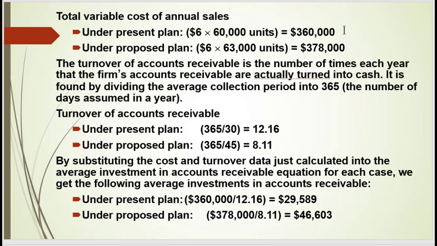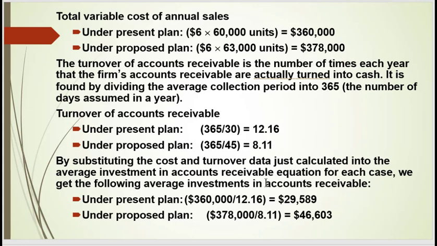The turnover of accounts receivable is the number of times each year they actually turn into cash. We divide the average collection period into 365. We expect that in this example to go from 30 to 45 days. So the turnover is roughly, instead of 12.16 times per year, 8.11 times per year.